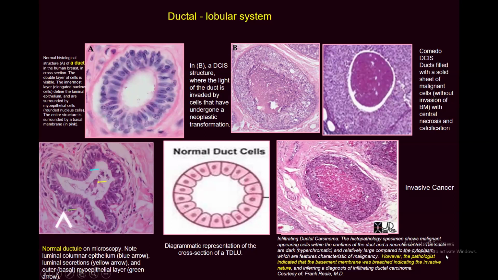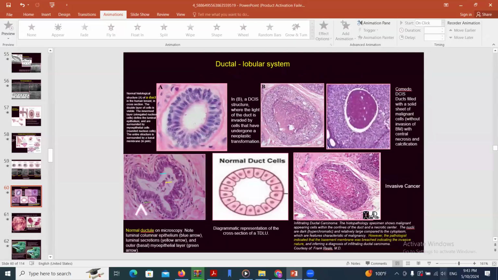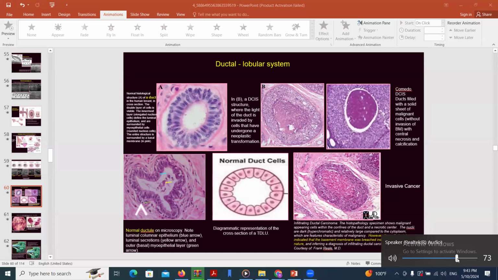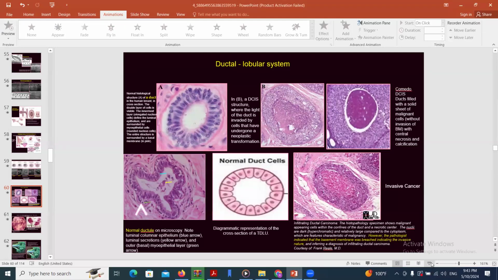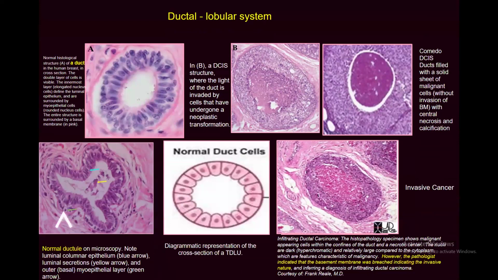And this is why we call it comedo DCIS. Comedo refers to necrotic tissue in the center of a lesion, because it can happen in frank malignancy or in DCIS. Once the tissue is not supported by enough blood supply, you get necrosis, and it is a feature of malignancy.